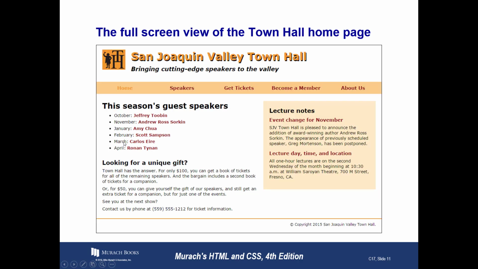So here is the San Joaquin Town Hall page, and it's a whole page. So what does it have here? Well, logo, header area, very nice setup, navigation bar, different color on the page that you're on, kind of nice. Now it doesn't have a shopping cart because probably there's nothing to buy from this site.